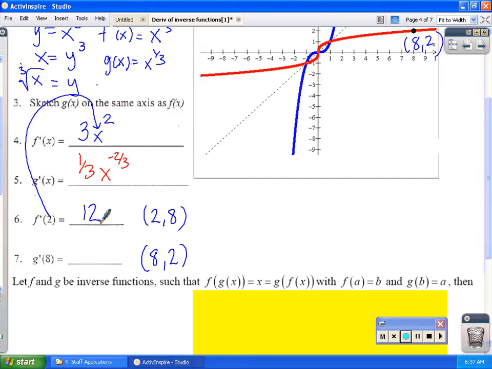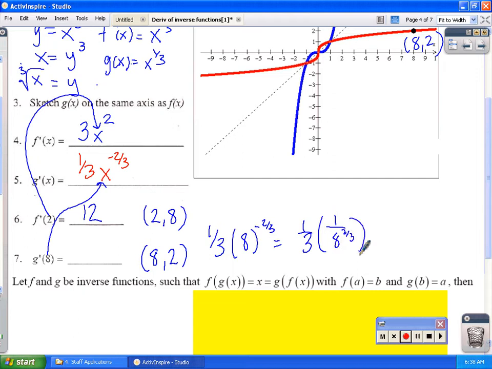If I find the derivative of the inverse function, g, at 8, I'm going to substitute 8 in here, and I'll have 1/3 of 8 to the negative 2/3 power, which is the same thing as 1/3 of 1 over 8 to the 2/3 power, because we have a negative power, which is 1/3 of 1 over the cube root of 8 squared.